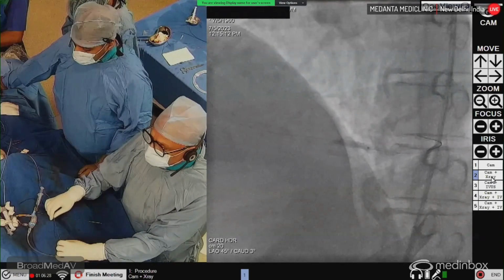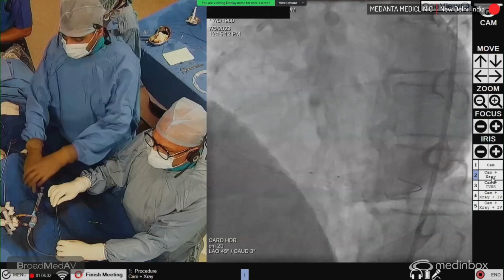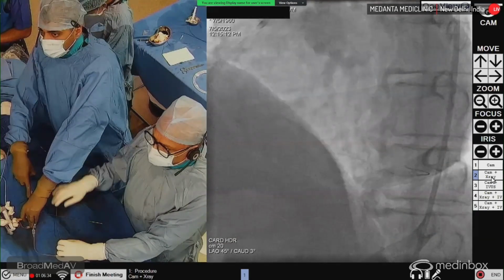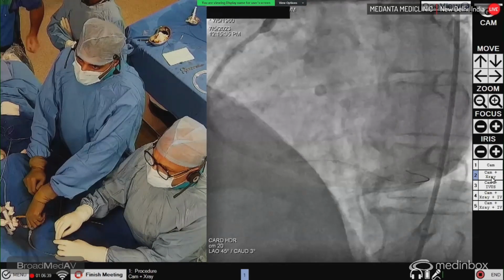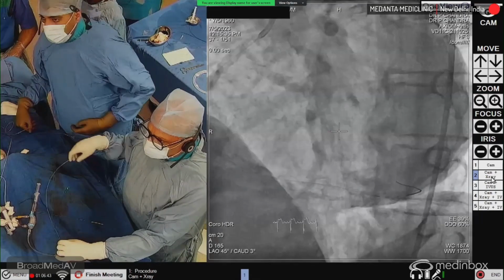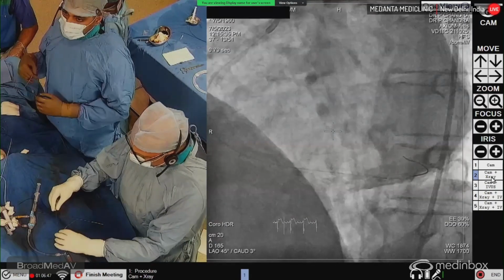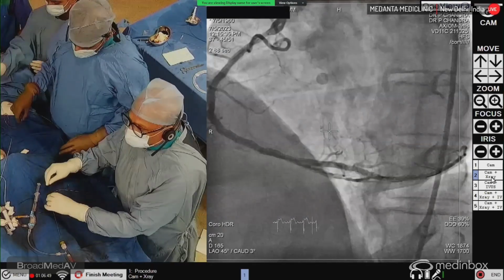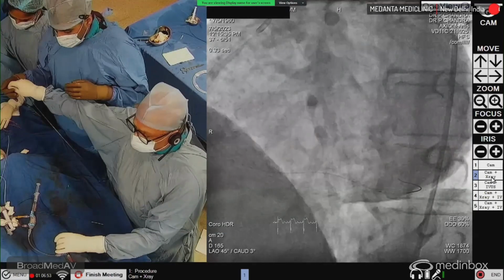Okay. Deflate, please. Okay. So we can take a check shoot. Looks nice. So to me, it looks good. We can do an IVUS if you really want to see how expanded it looks, but it looks very good.